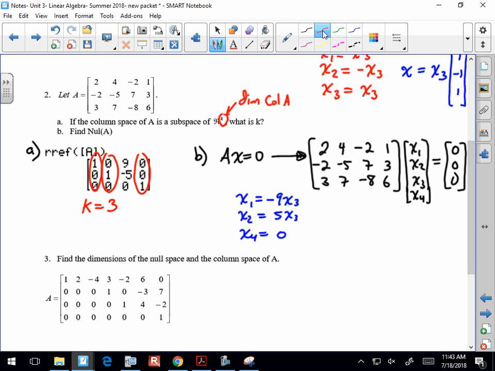So tucked in there, because it's not a pivot, we have x3 equal to x3. Since x4 is actually a pivot value, it has a coefficient, so we do have an x4 here, and when you have the zeros on the outside, it is equal to 0.